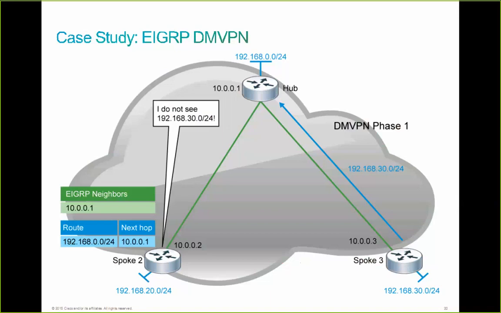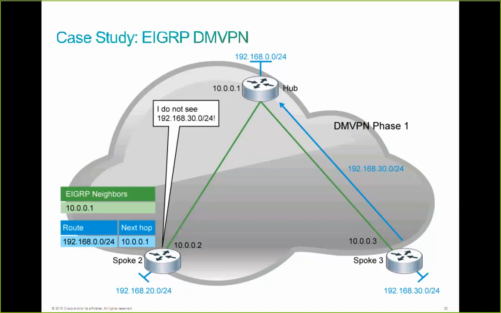All right. So we have less of a load on the spoke routers. The spoke routers don't have to be as powerful or as robust as, say, the hub router might be. Now, in this particular diagram, we're looking at a DMVPN phase 1 deployment, which only allows for a hub and spoke topology.